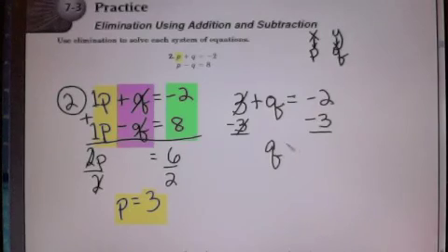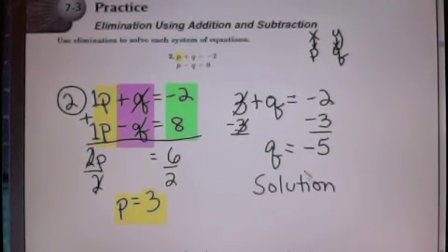And I get q equals negative 2 minus 3, which gives me negative 5. So the solution, since x would be p, then we'll start with the 3. And since y would be q, we'll put the negative 5 as our next coordinate. And these two lines would cross at (3, -5).